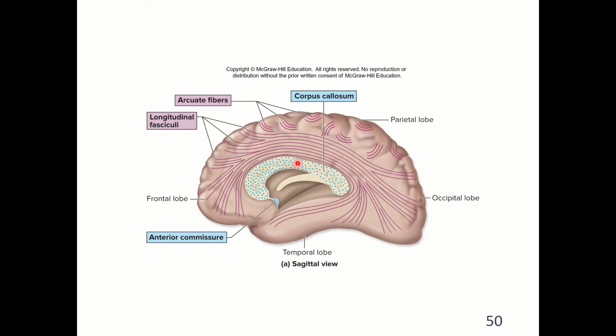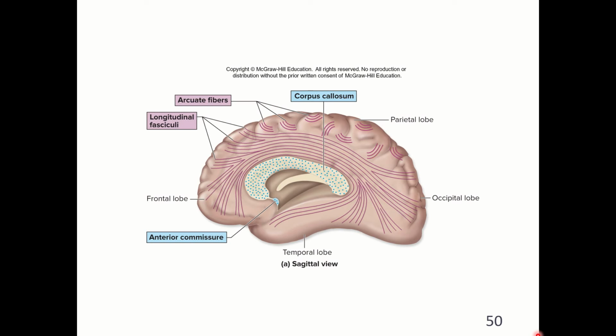And then these are the commissural fibers of the corpus callosum that are connecting the two hemispheres of the brain together. Because remember, there's contralateral information coming from the right side and the left side of our bodies, so we need to be able to integrate that as a whole unit. Isn't the brain fascinating?